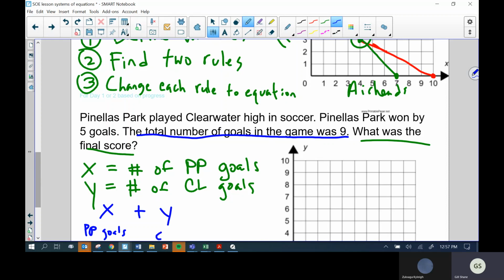So again, Clearwater goals. And then here's the key word again. What do we say after that? In this case, we would literally say equals, but a lot of times you're going to say is. Is stands for equals. Remember that. I'm going to give you a list of those on the next screen. And then we know it is 9, right? They just tell us the number there.